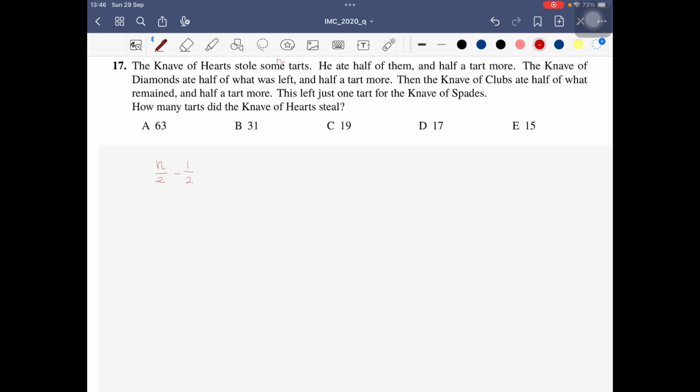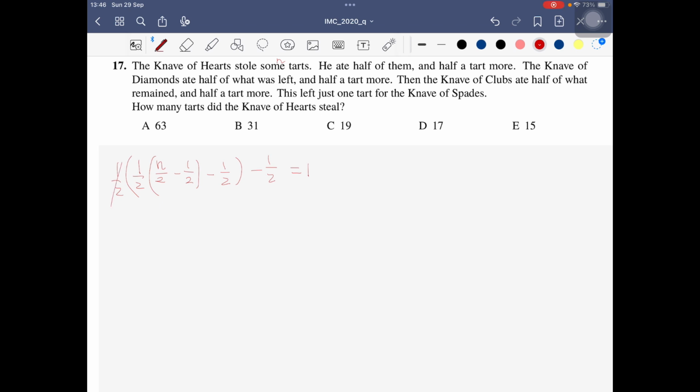So he ate half of them and another half, and just 1 tart is left.